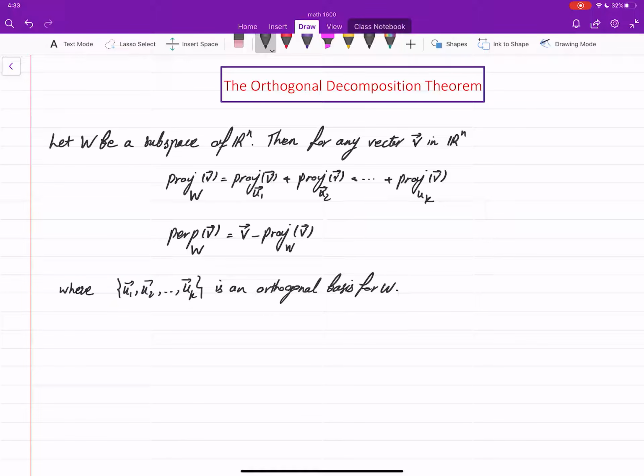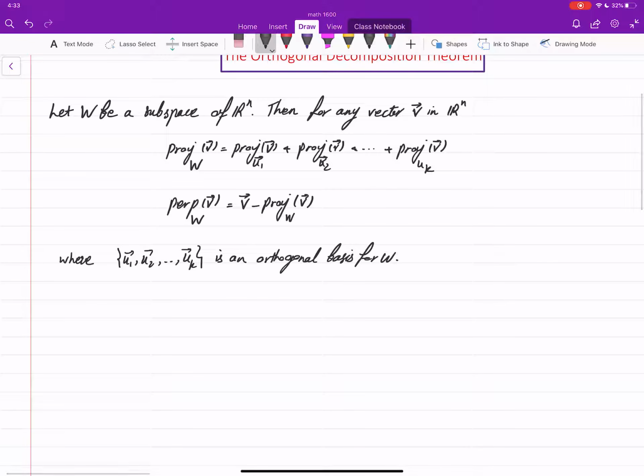That's the sum of the projections of V onto elements of an orthogonal basis.